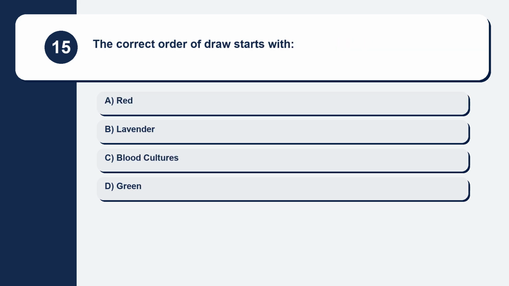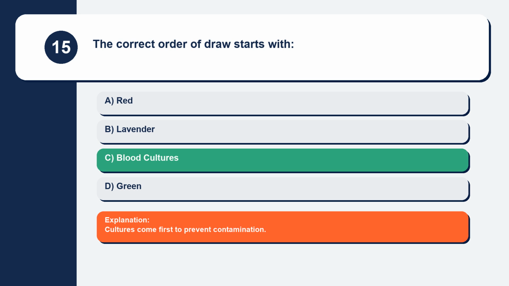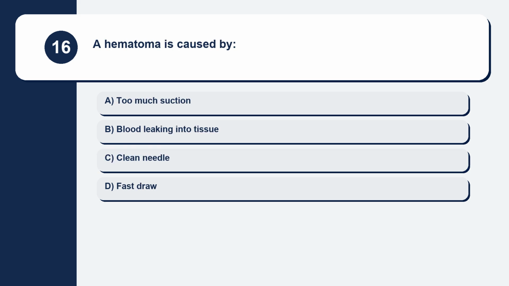Question 15. The correct order of draw starts with red, lavender, blood cultures, green. Cultures come first to prevent contamination. Question 16. A hematoma is caused by too much suction, blood leaking into tissue, clean needle, fast draw.